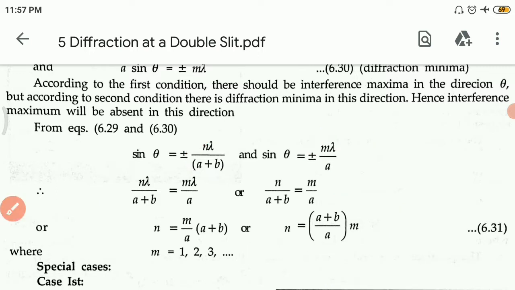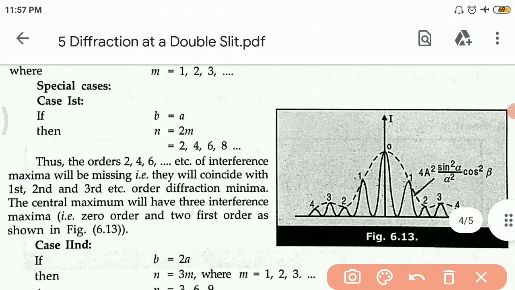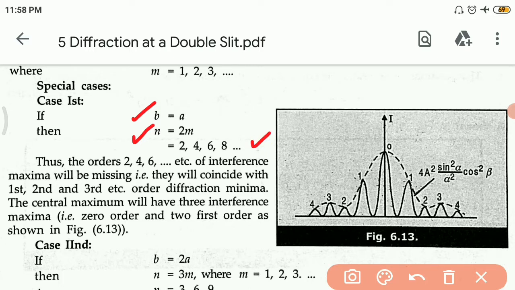Now let us see the special cases. First case: suppose b is equal to a, that means the width of the opaque portion is equal to the width of the transparent portion. Then the value of n is equal to 2m, so its values are 2, 4, 6, 8 and so on. Thus the even orders 2, 4, 6 and so on of interference maxima will be missing, that is, they will coincide with the first, second and third etc. order of the diffraction minima.